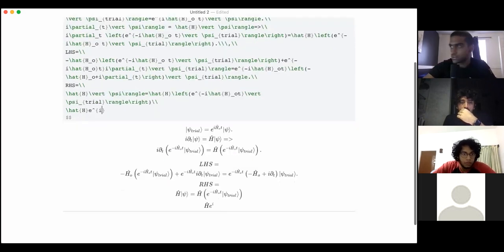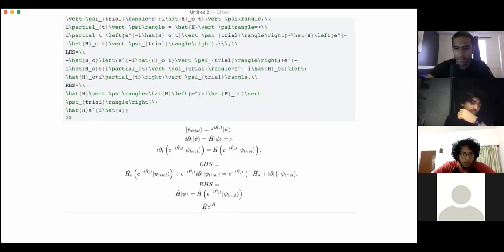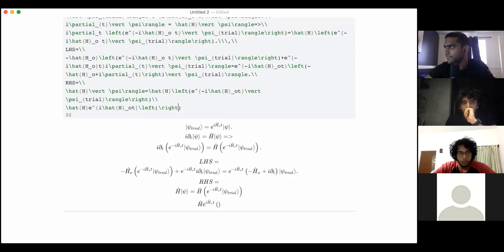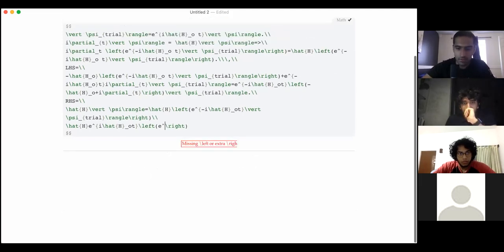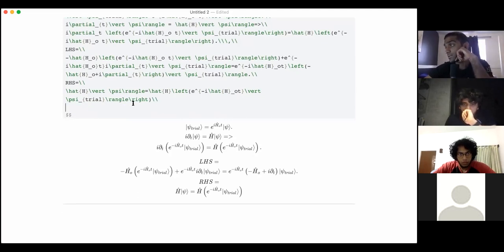The convenient one to insert would look like e power i hat H t, times e power minus hat. Well, no, that's not really going to help us. We're just going to end up back with the same thing. So maybe we do have to deal with this infinite commutator.